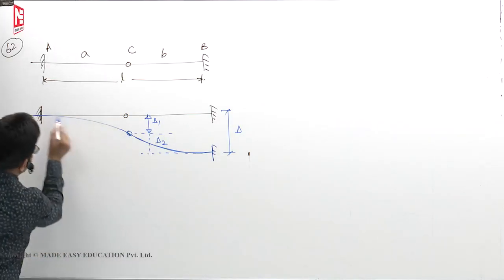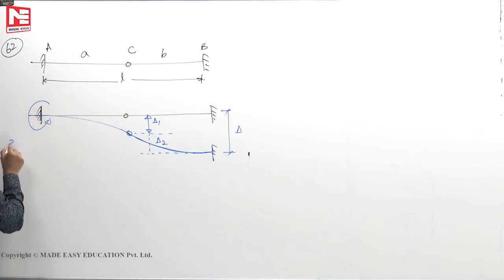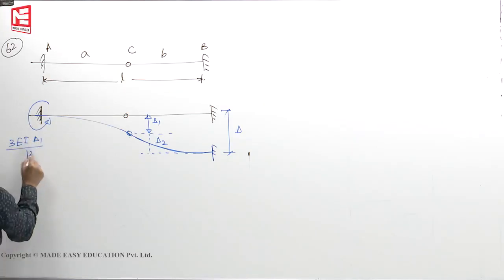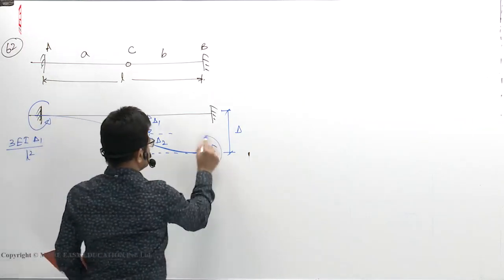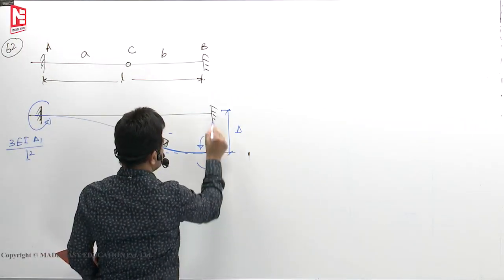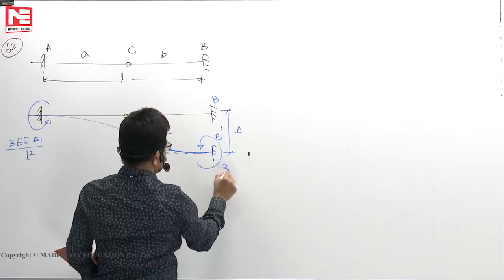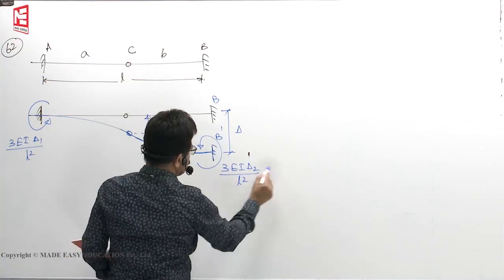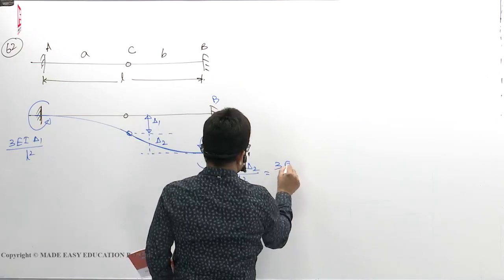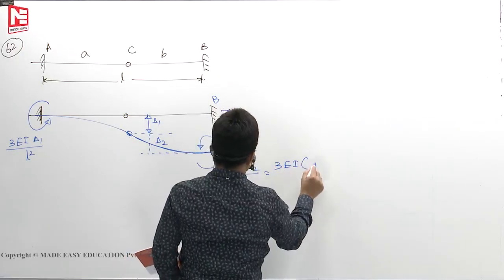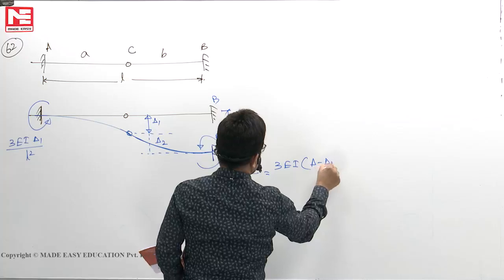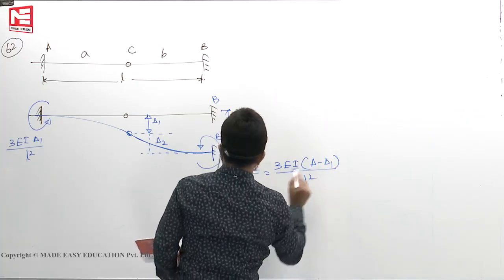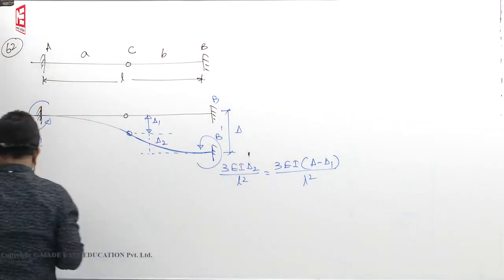For this profile, I told you here you will get 3 EI delta 1 by L square. Here, for this one alone, we will go to B dash, 3 EI delta 2 by L square. This I can write as 3 EI times delta minus delta 1 by L square. Okay, now that's what we wanted.